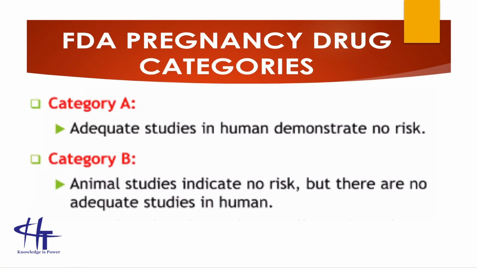Then we have category B. These are drugs that are also used in pregnancy, and studies have shown no adverse effects in animal studies, but however, there is no adequate information in humans to render them not to be used. And so they are used for their potential advantages or therapeutic effects to the mother.